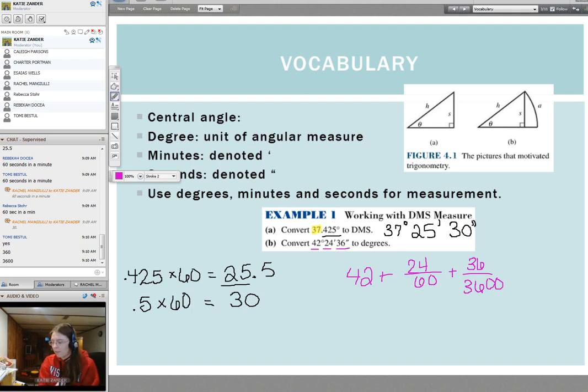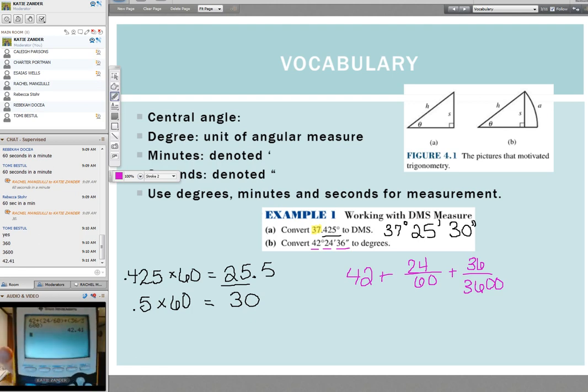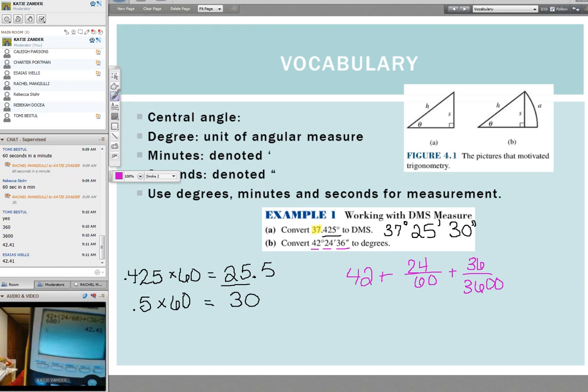So let's just type in 42 plus 24 divided by 60 plus 36 divided by 3600. So I just plug that in real fast using parentheses around each fraction. And let's see what we get. It should give you a decimal response. 42.41. Yep, and we expected that 42 to be out front, right?